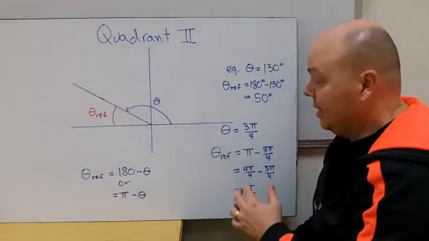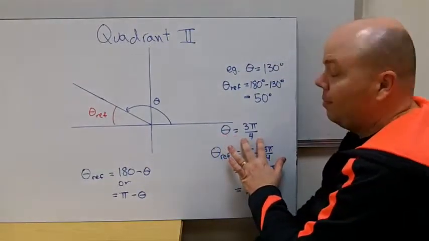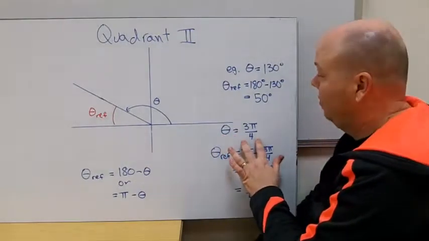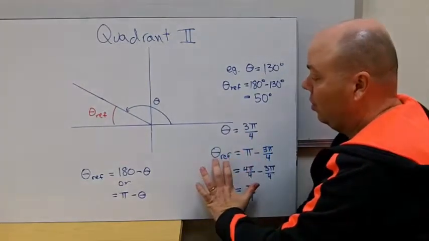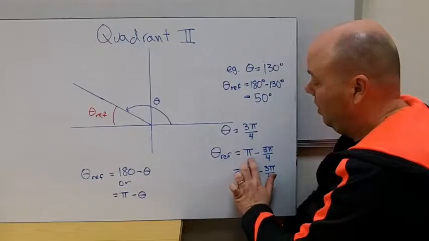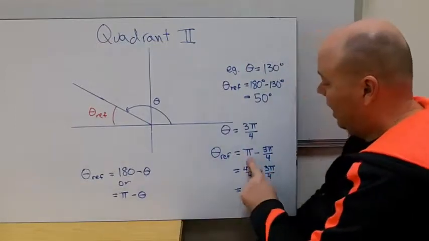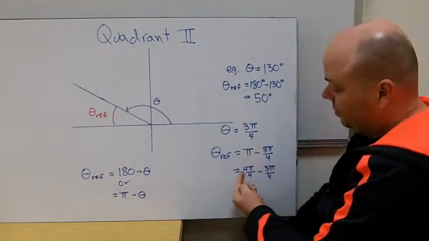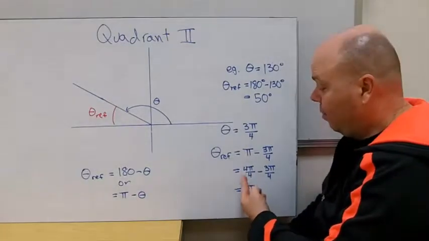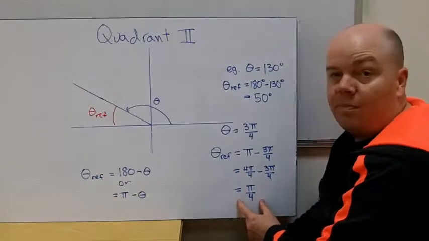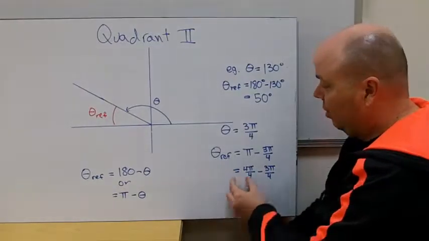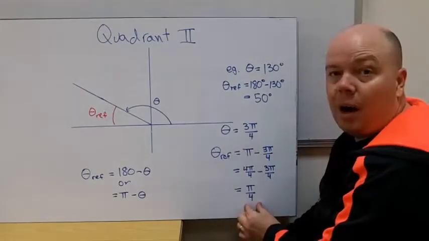If you have theta as 3 pi over 4 radians, 3 pi over 4 is in the second quadrant, so the theta reference would be pi minus theta. Get common denominators here, 4 pi over 4 minus 3 pi over 4, and that gives you pi over 4. So my reference angle for this angle is pi over 4.